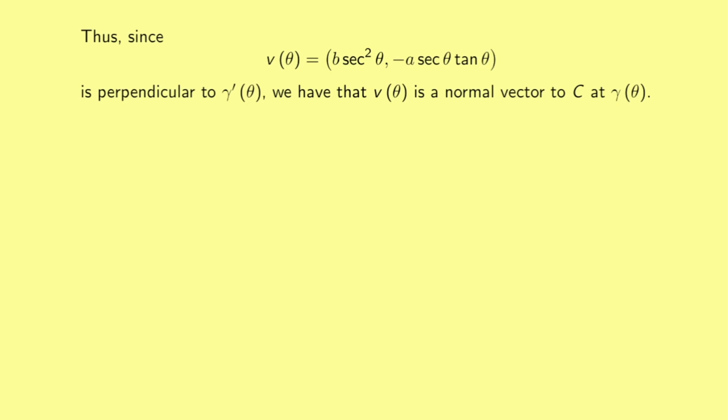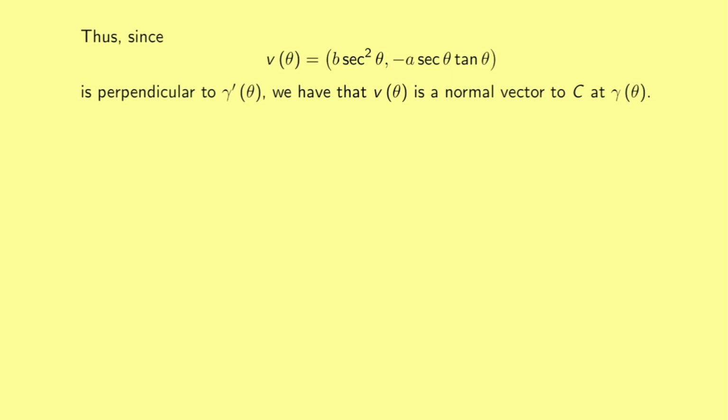So this vector v is indeed perpendicular to the tangent vector, and therefore it gives us a normal direction, which is what we want. So now we know a vector which gives the direction of the normal line.